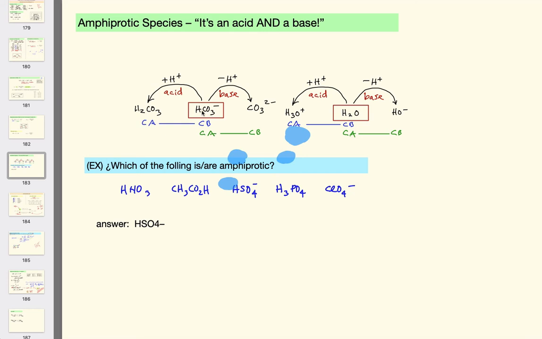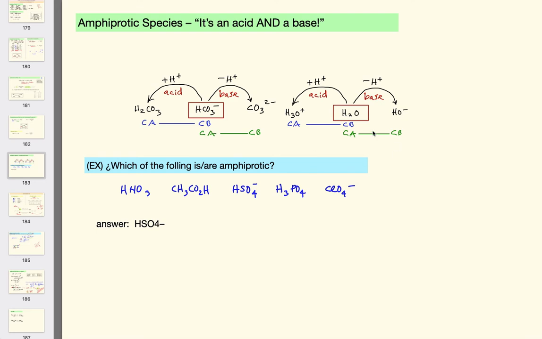Why? Because it can gain a proton and form an acid, or it can lose a proton and become a base. So it can be both. It can go from a base to an acid, or it can go from an acid to a base. It is amphiprotic. And as we've already seen, of course, water is amphiprotic.